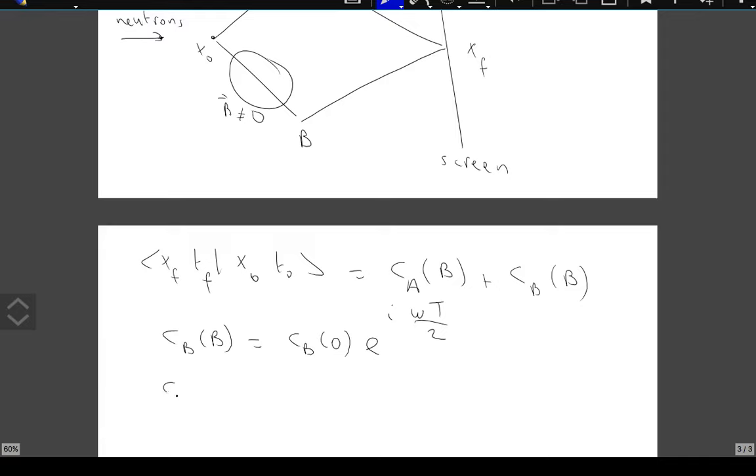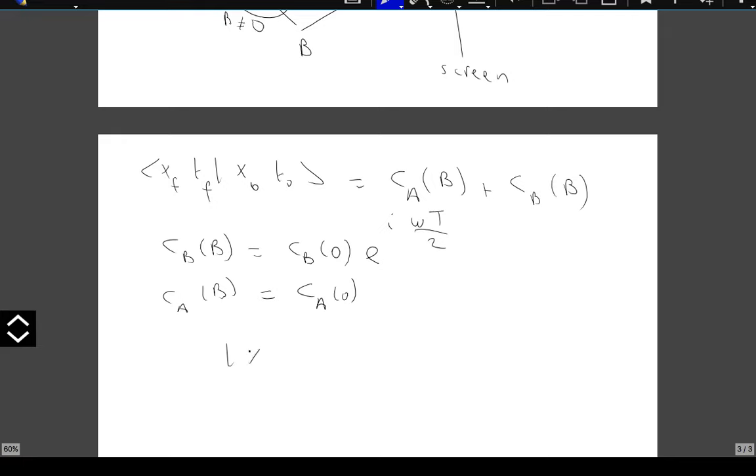So basically, Ca of B is actually independent of the amplitude. So you see that the interference pattern on the screen is Ca, no magnetic field, plus Cb, no magnetic field, e to the power i omega t over 2. You see the interference pattern depends on this magnetic field.